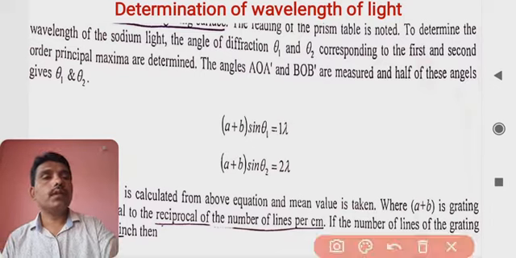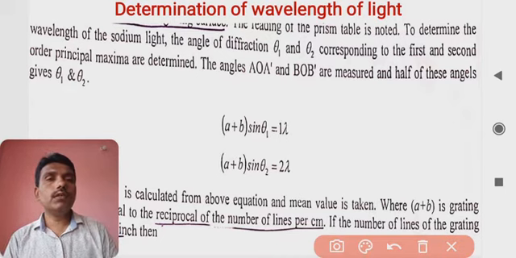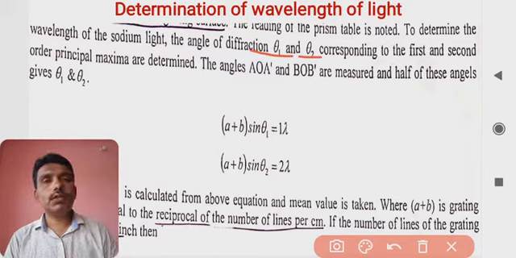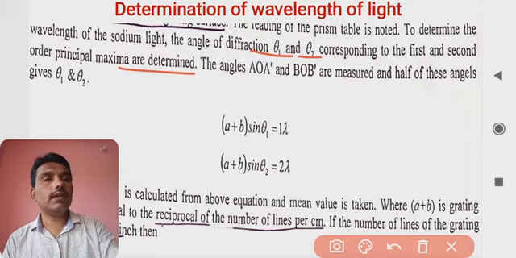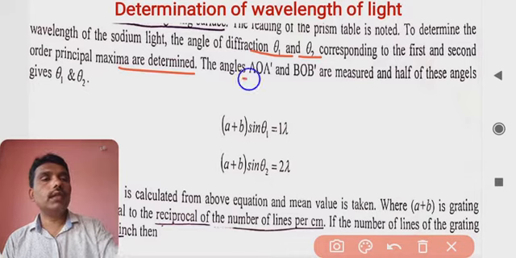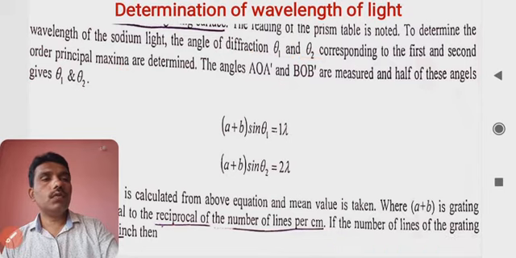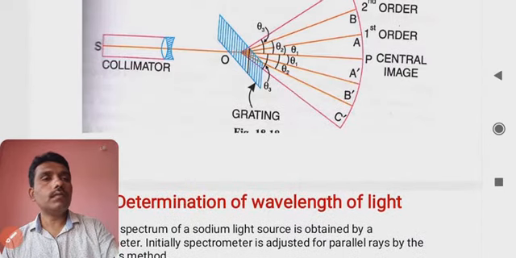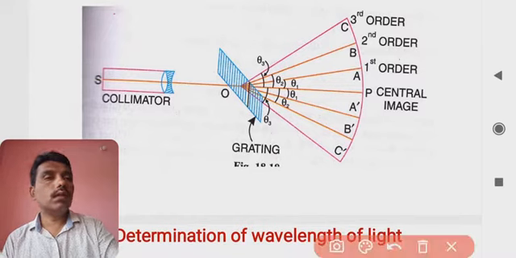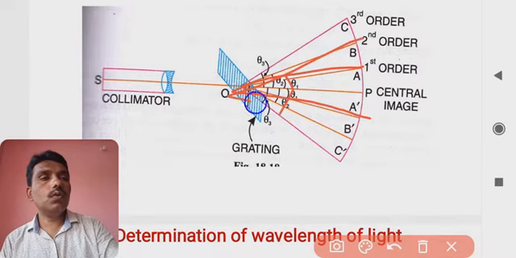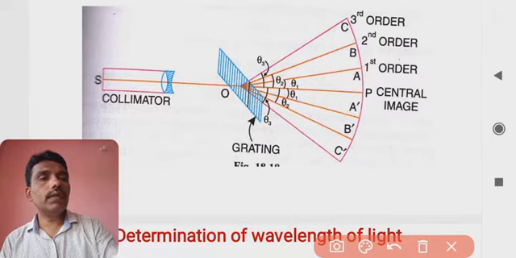तर ह्यामध्ये to determine the wavelength of the sodium light, the angle of diffraction θ1 and θ2 corresponding to first and the second order principal maxima are determined. मग ह्यामध्ये जे अँगल आहेत A डॅश आणि B डॅश ॲज मेजर्ड, ह्या डायग्राममध्ये जर बघाल तर A डॅश हे अँगल, पुन्हा B डॅश हे अँगल, दॅट इज द केस वेअर इट विल कव्हर टू अँगल्स.